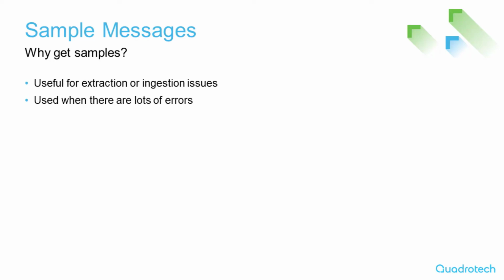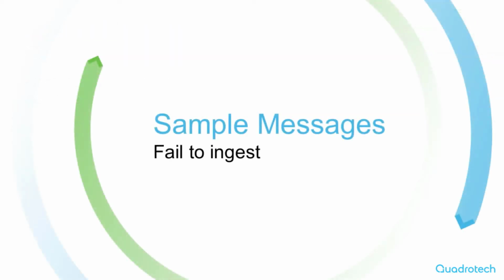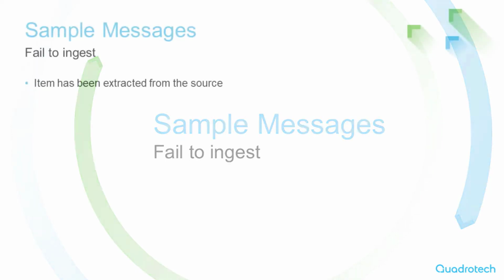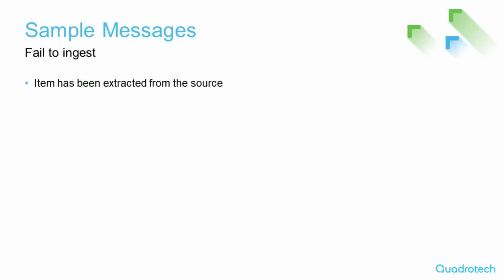Let's take a look at the two types of failure: failure to ingest and failure to extract. Let's start with failure to ingest. In this situation, Archive Shuttle has successfully extracted the item from the source environment, but hasn't been able to ingest the item into the chosen target environment.